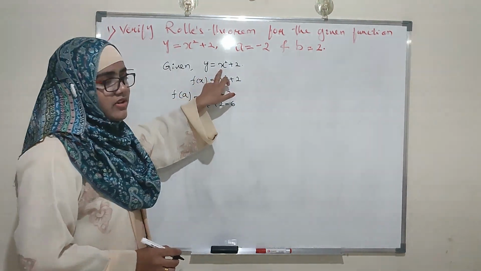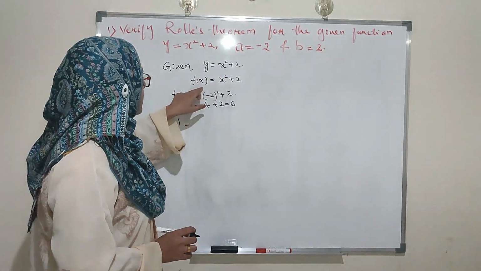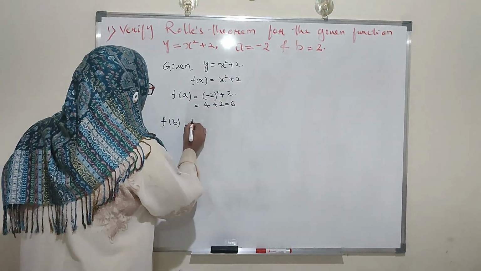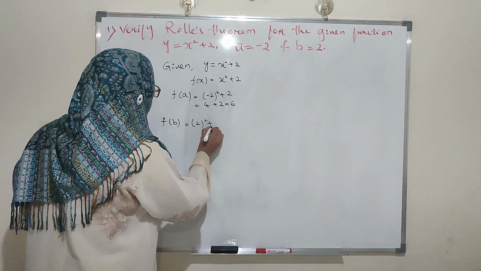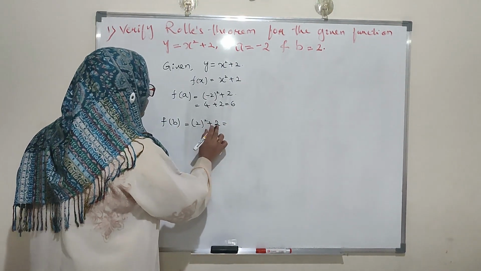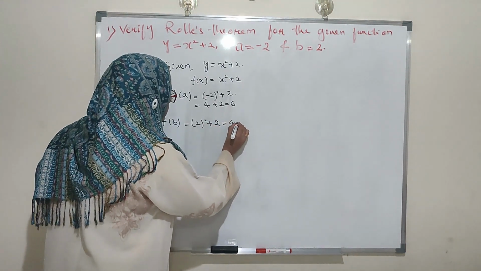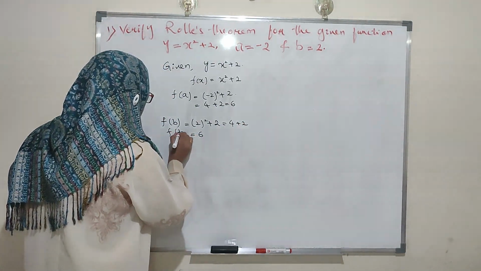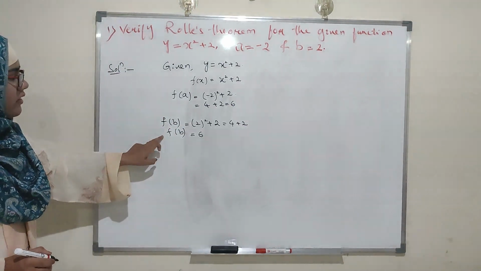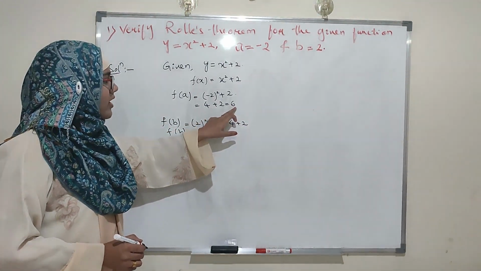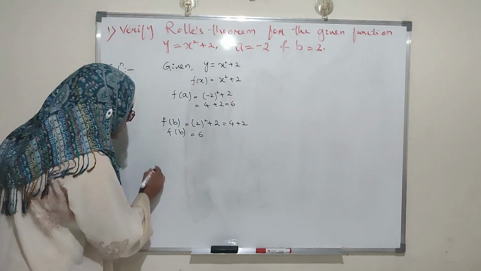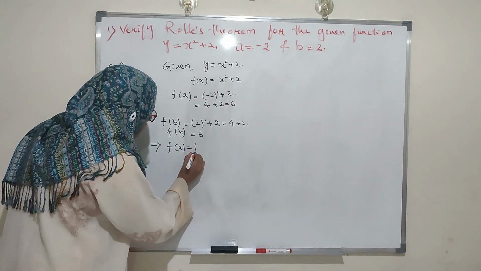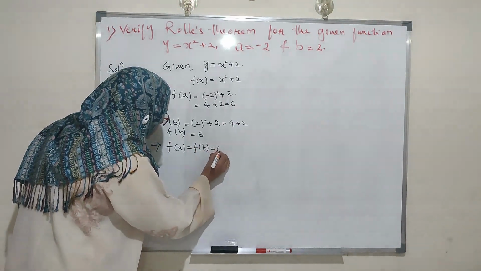So whenever you have x in f of x, replace x by 2. 2 square plus 2, 2 squared is 4, 4 plus 2 is 6. We got f of a and f of b both the same value, 6. So this implies f of a equal to f of b equal to 6.